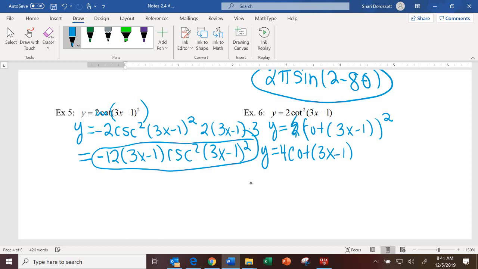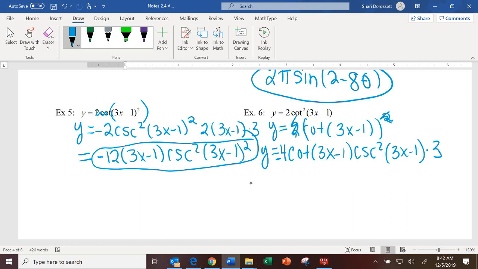So now we did this part, working our way inside. Now we're doing the derivative of cotangent u. Well, the derivative of cotangent is going to be that negative, I'm going to sneak that negative out there in front, negative cosecant squared of u. And then times what? Times 3, times the derivative of the inside.